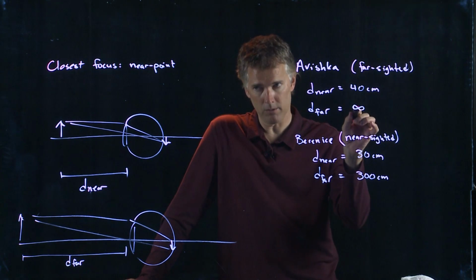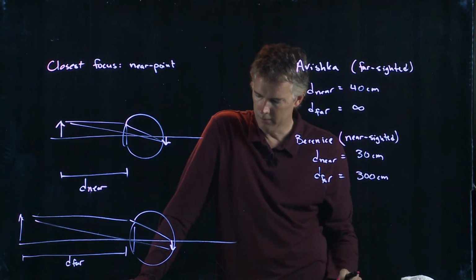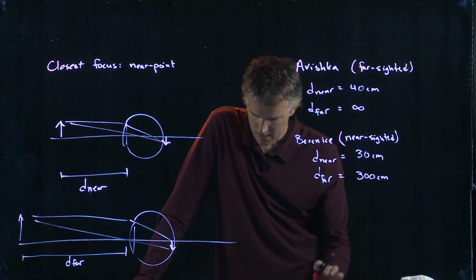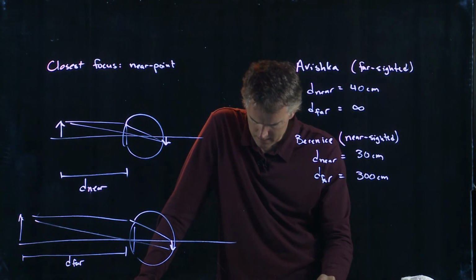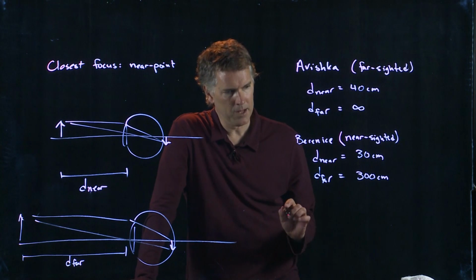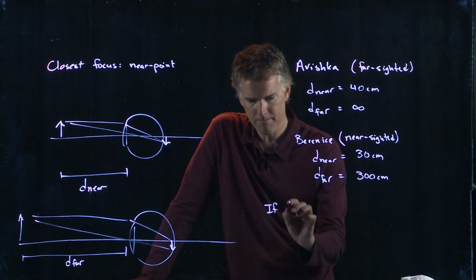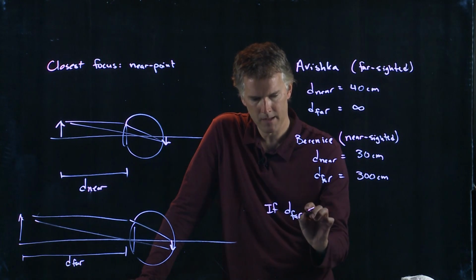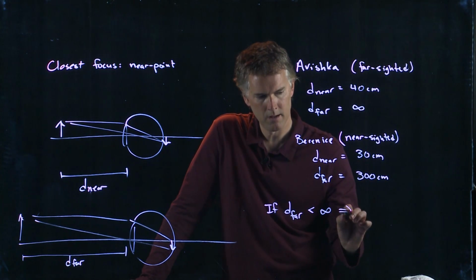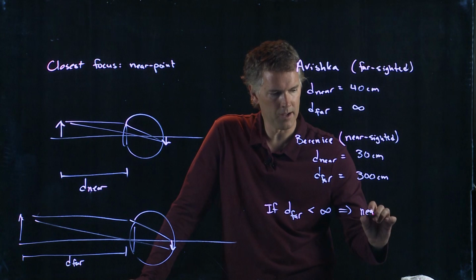If you can see to infinity, you are certainly farsighted. All right, and then there's a few more questions that continue, but basically the idea is this. If D far is less than infinity, you are nearsighted.